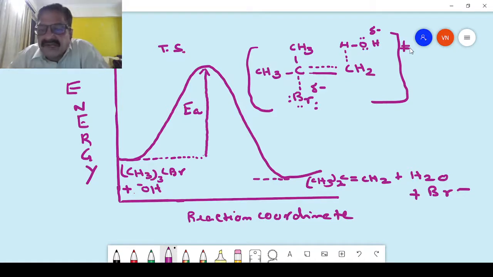This is the transition state. CH3. So how many partial bonds are there? Partial bonds will be CH3, C, CH3, Br, the CBr bond is partially broken, and C, CH2, that double bond is partially formed. Then the CH bond is partially broken. Okay, then HOH, this is again a partial bond here. This is not a full bond, here it is only partially formed.